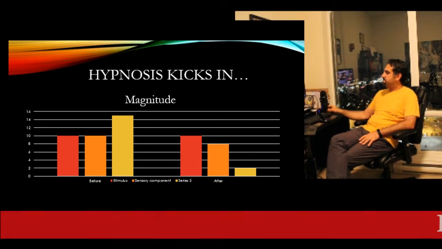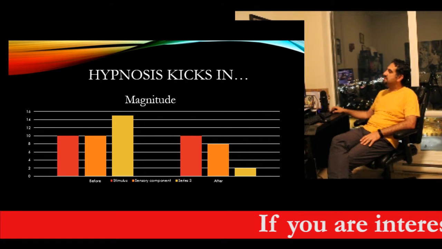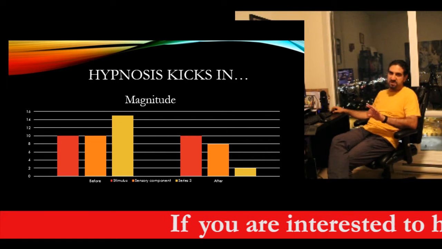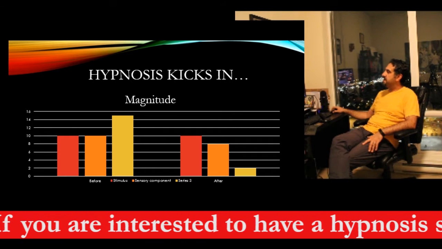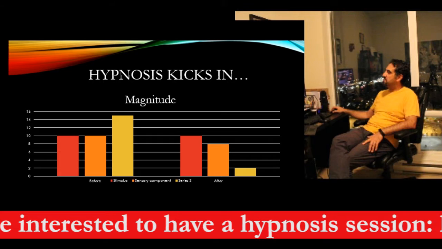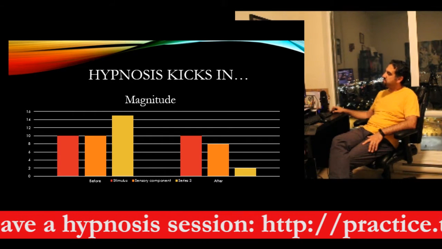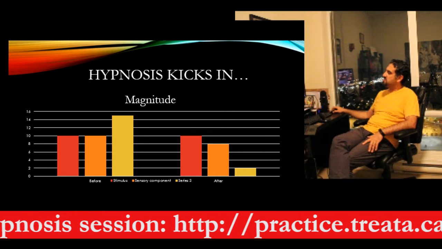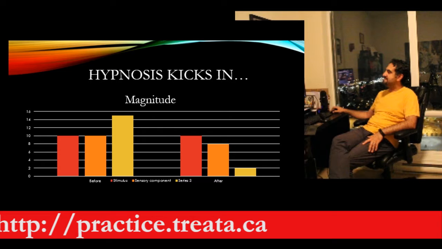This is an illustration I've created to discuss the interaction and the dynamics between the sensory and the affective component of pain. This category is before hypnosis, and this category is after hypnosis. As you see, the stimulus is the same. I just scored that as 10.